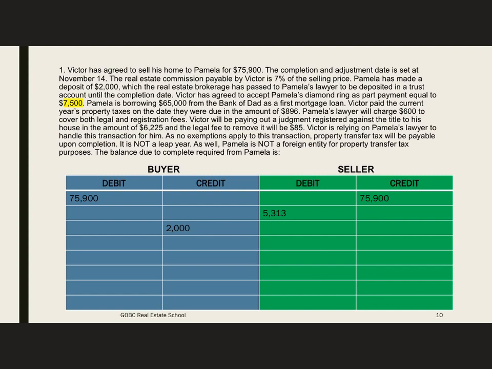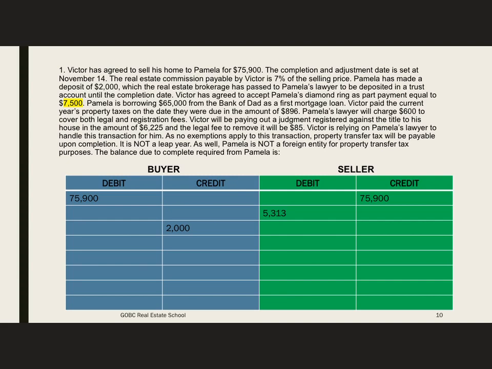If we were to put this $2,000 in the debit column by accident, instead of the credit column, then if you add these together, you see that we're now making her pay $77,900 for the property, and that isn't what was agreed to. We just bumped up the price. So we need to make sure that we put it in the credit column.